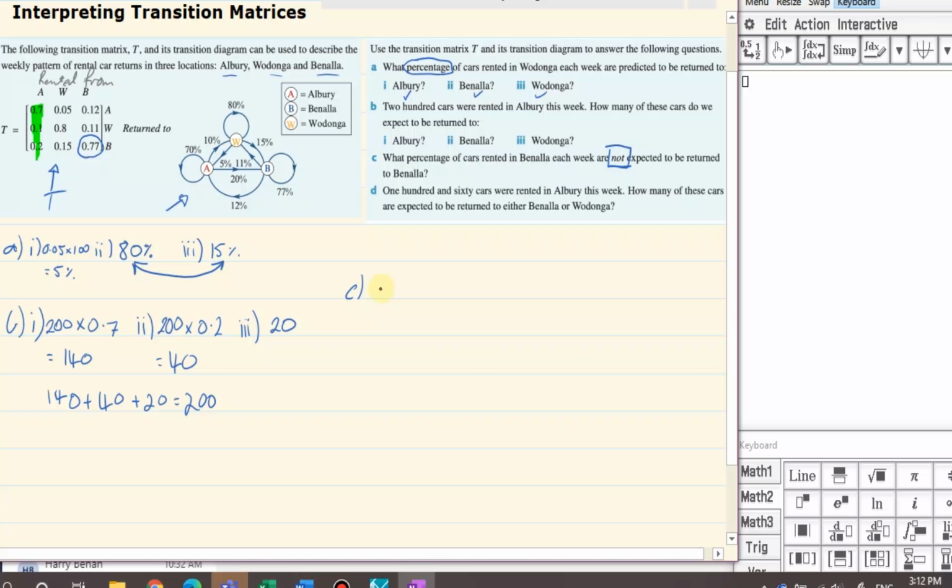So 100 take 77 gives us 23%. So 23% of cars don't return to Benalla.